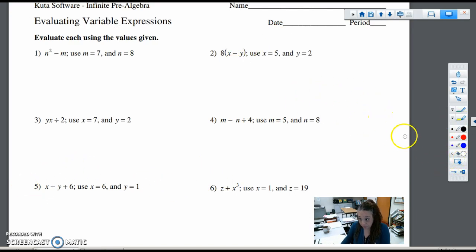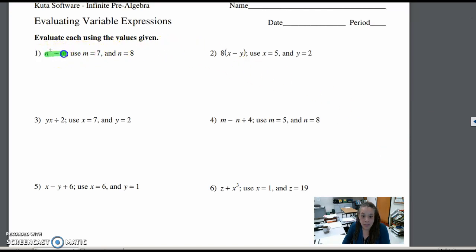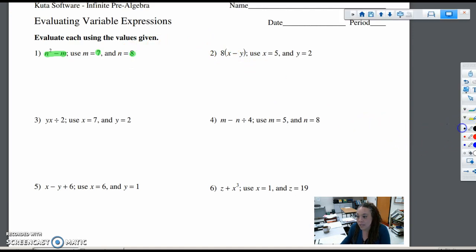So here's how we do that. This is actually quite easy. Let me grab a highlighter here. I like green. So here's the actual problem, and they're telling us two numbers that they want us to plug in. So that's how we read that. We have n squared minus m.